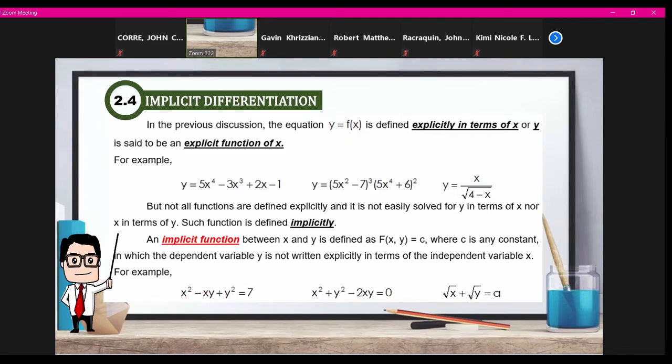An implicit function between x and y is defined as function of x comma y equals c, where c is any constant in which the dependent variable y is not written explicitly in terms of independent variable x. For example, x squared minus xy plus y squared equals 7. Makita nyo yung mga equation dito, meron ng kasamang y. So, yan ang implicit differentiation.